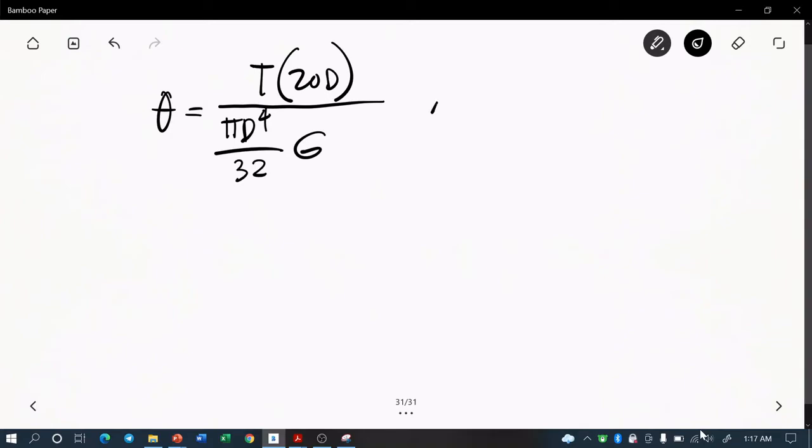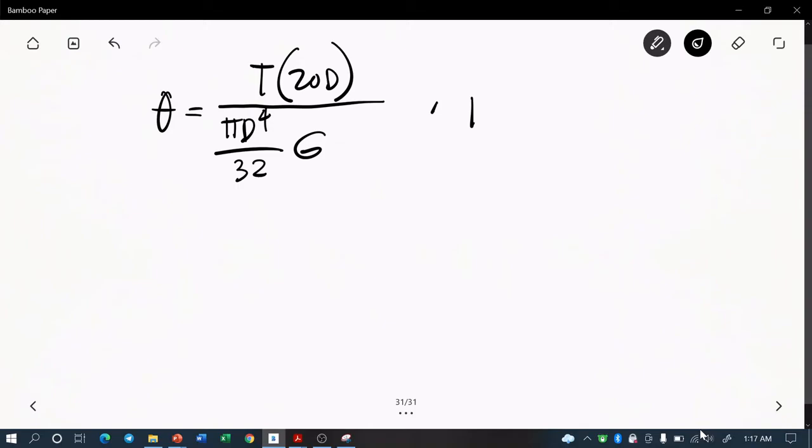So it is indicated in the problem that the torsional deflection should not exceed 1 degree. So we're going to use this 1 degree here in this equation. We're not going to directly substitute 1 degree, since this equation has a unit of radians.